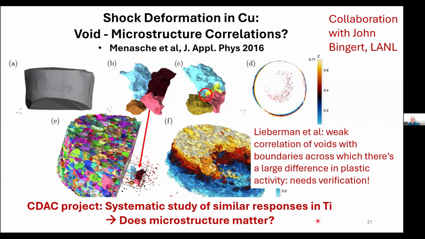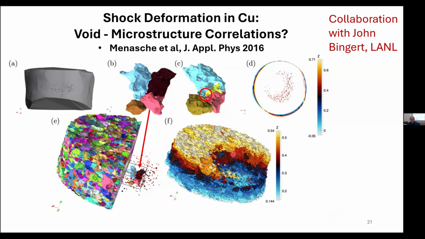So I'm hopeful actually that titanium will be a good material in an additional sense. The copper is quite soft, and it had regions like over here. Let me back that out.